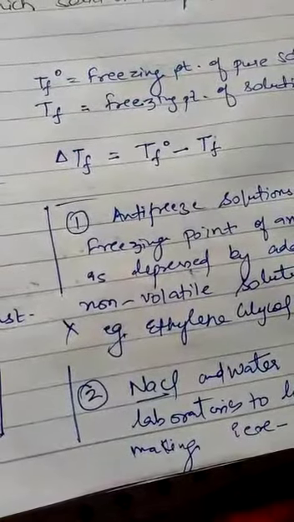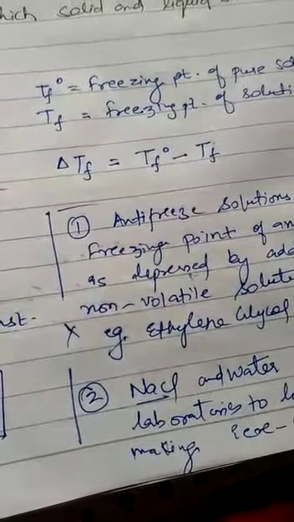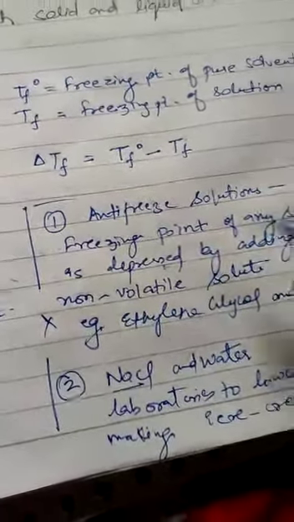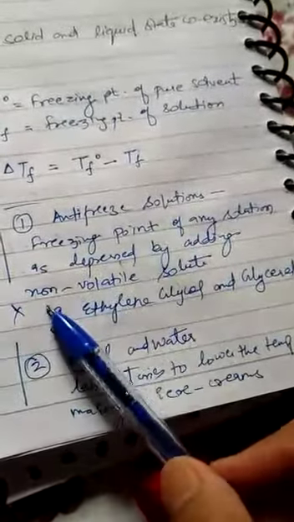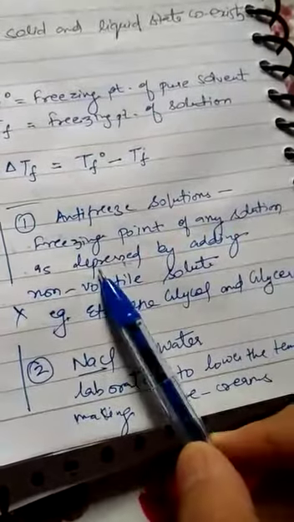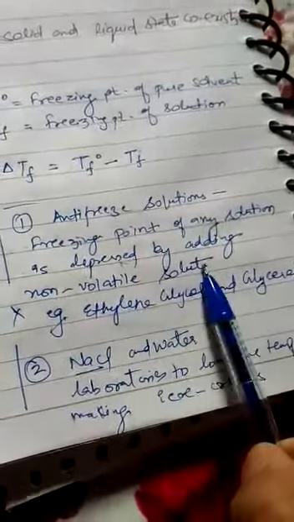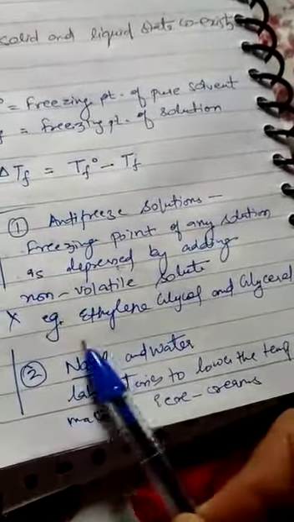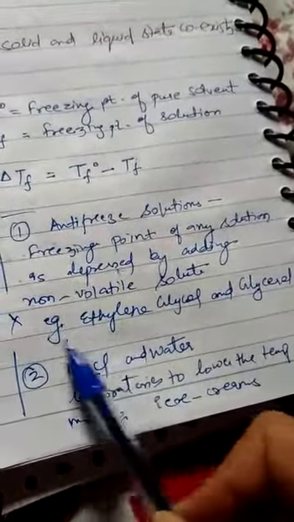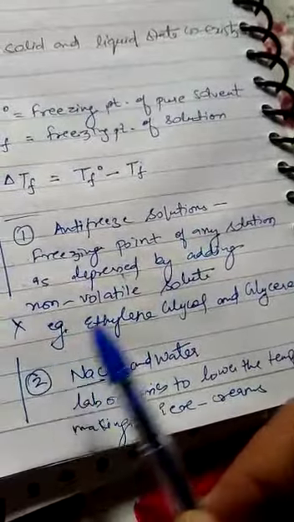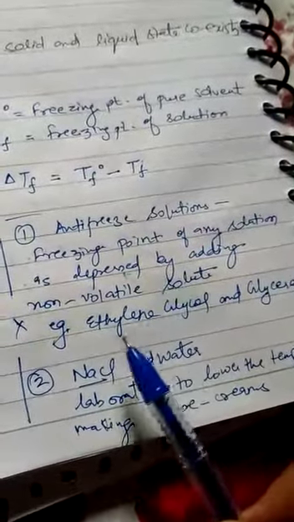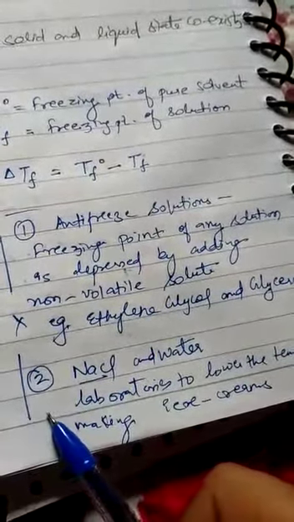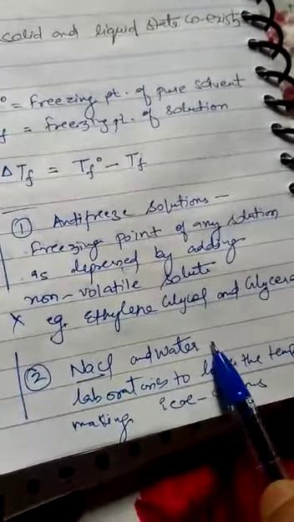Now, where can we find these types of solutions which depress the freezing point? So first is antifreeze solution. These are the solutions which lower the freezing point of any solution on adding the non-volatile solute, for example, ethylene glycol and glycerol. And the second is NaCl and water.